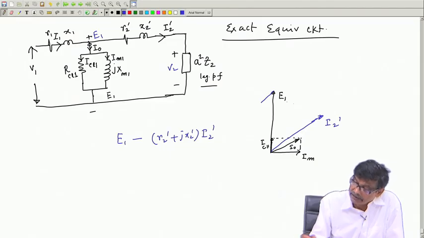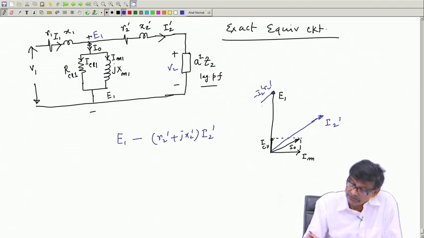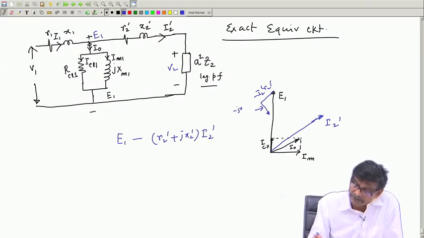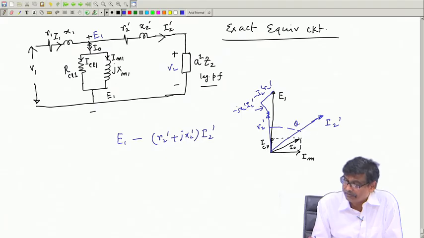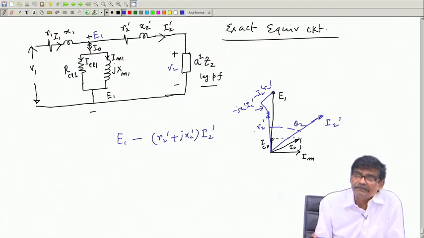Then minus jX2 dashed I2 dashed. jX2 dashed I2 dashed is perpendicular to this. So, subtract that, and this will be your V2. Then this angle will be your power factor angle, the load power factor angle, whatever it is.